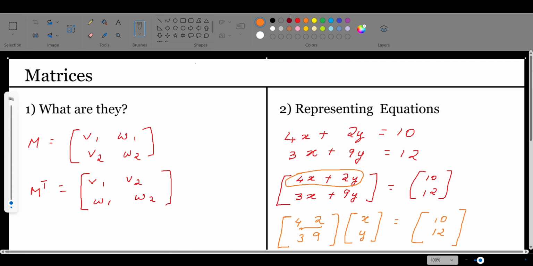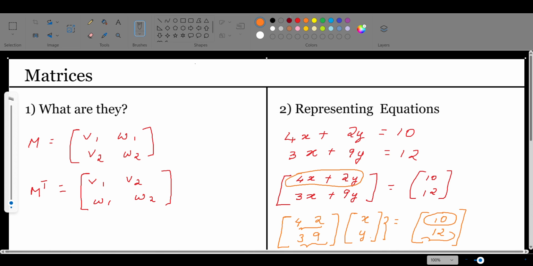You multiply this row vector with this column vector. That gives you the first row in the RHS. You multiply the second row with the same column vector, you get the second row in the right hand side. It's the same thing. We've just represented it differently.